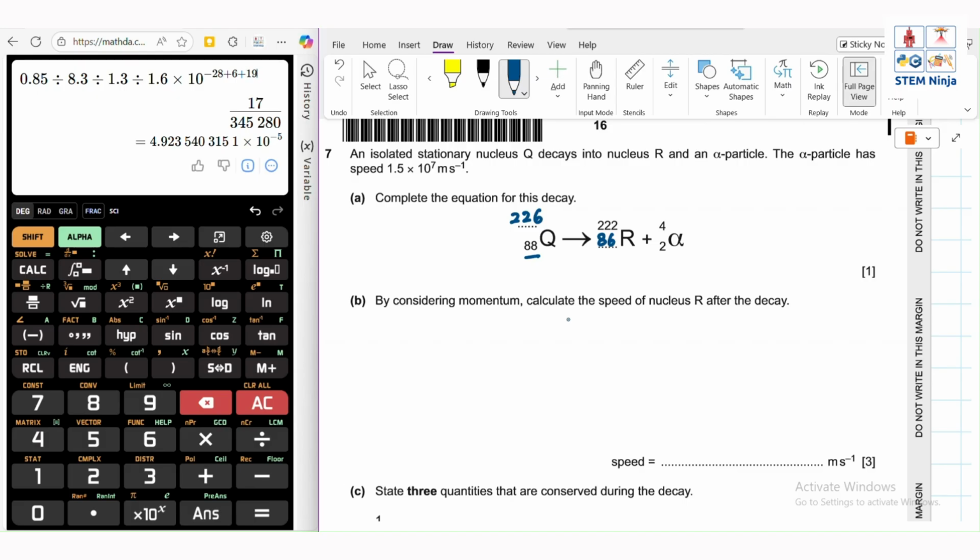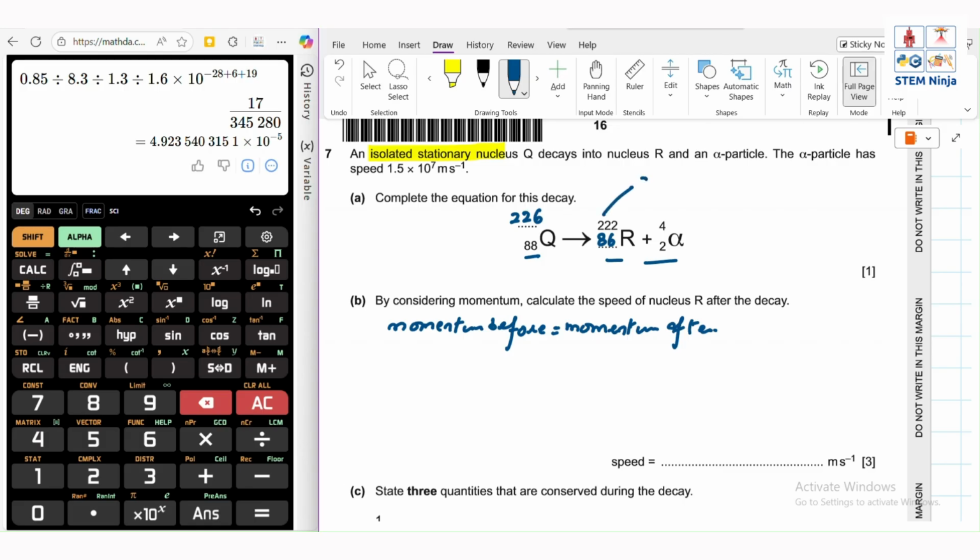Right, okay. By considering momentum, calculate the speed of the nucleus R after decay. Okay. So we know that linear momentum is conserved in the nuclear decay, and they would be moving opposite to each other. Also, since momentum before is 0, so momentum before is equal to momentum after.